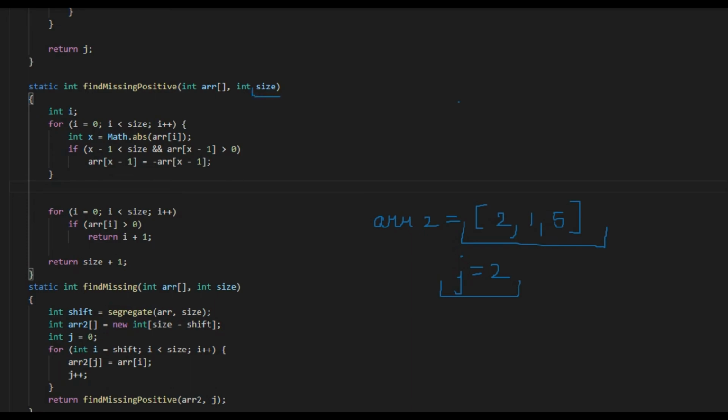Here j is received in the size variable, so our size will be equal to 2. What is happening in this loop is the same as we have discussed before. We start from the first index and see if this element is present in this array or not. We will mark it by making the same index number element negative.